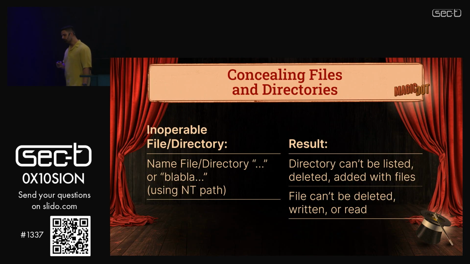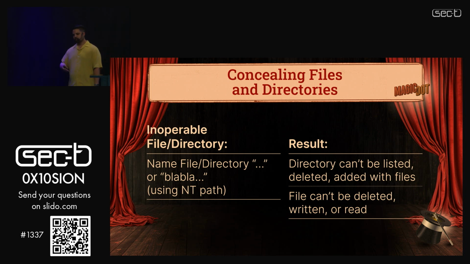The first and most obvious thing that we can do is to name a file or a folder with just dots and spaces, or just add trailing dots or spaces to the end of an existing file name. Once we do that, basically no one is able to take any file operation against this file or directory, because the trailing dots and spaces will be removed and the final path will reference a non-existent path.